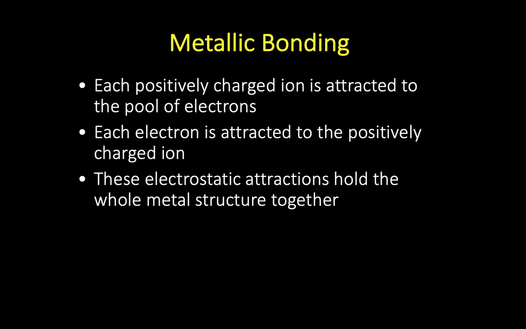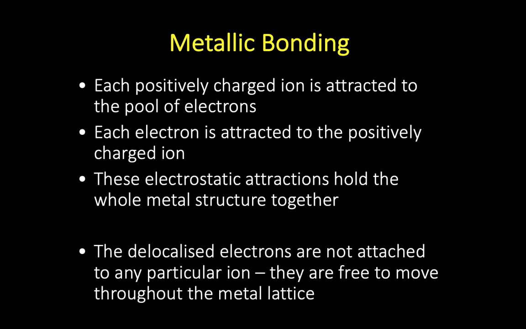So an electrostatic attraction, for those of us who don't remember, is an attraction between something which is positively charged, in this case our positively charged metal ion, and something that is negatively charged, in this case our negatively charged delocalized electrons. It's this attraction that holds the entire structure together.